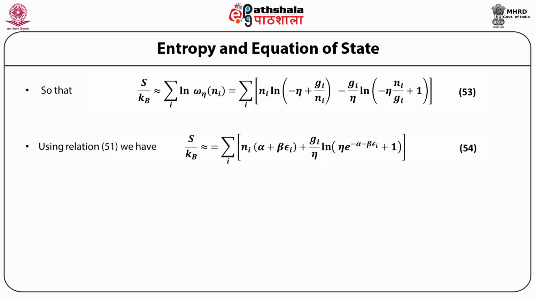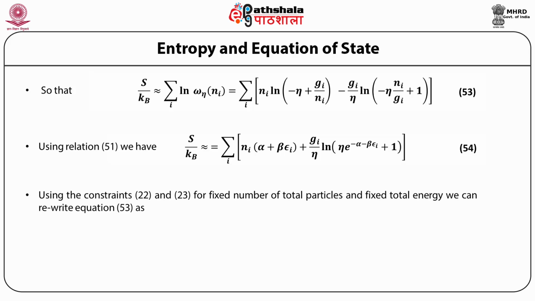Using relation 51, we have S/kB approximately equal to summation over i of ni(α + βεi) + (gi/η) log(η e^(−α−βεi) + 1).